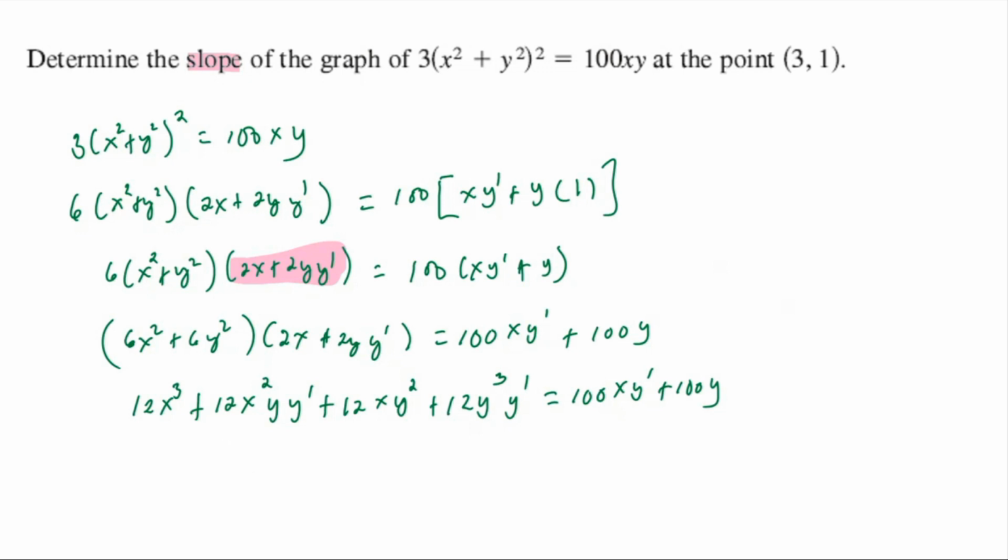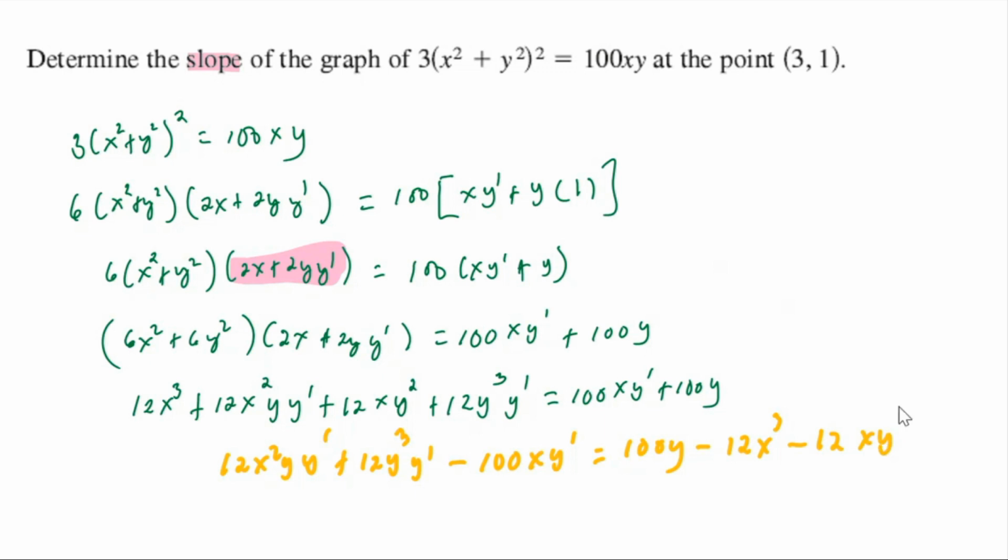So we have 12x squared y prime plus 12y cubed y prime minus 100x y prime equals, the remaining term is 100y, and the ones that have no y prime here: 12x cubed becomes negative 12x cubed, and then we also have negative 12xy squared.